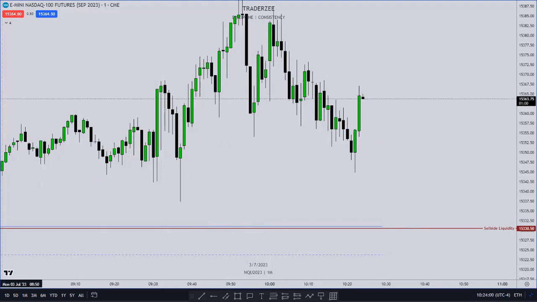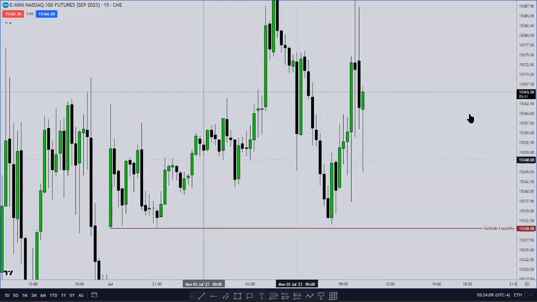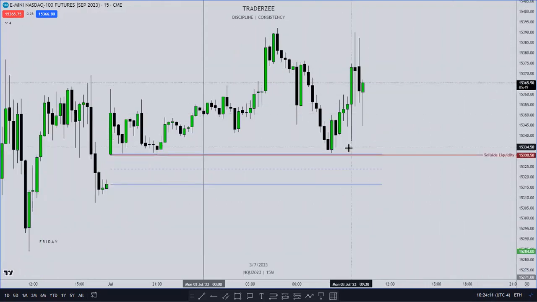I mean, again, back inside. NQ looks stronger to me.